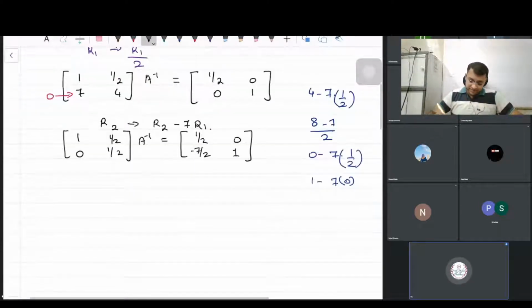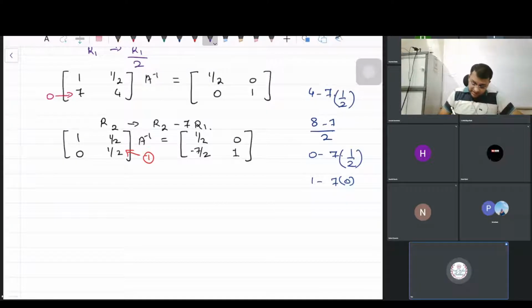What is the next step, guys? Yes, perfect. You have to convert this number into 1. Again, in order to convert this number into 1, we have to divide it by the same number. So when I say dividing by 1 by 2, it is exactly same as multiplying by reciprocal of 1 by 2.